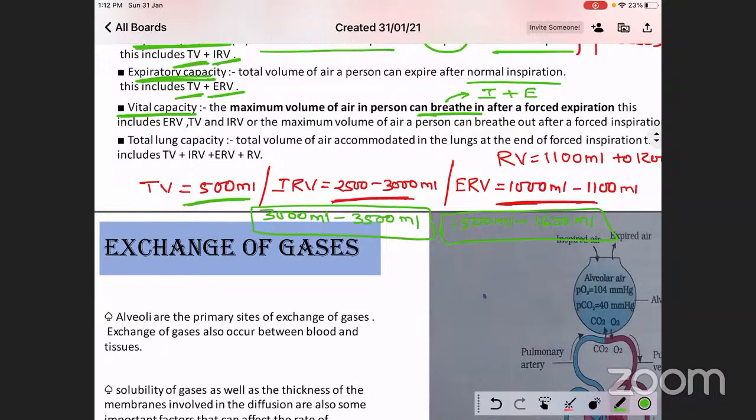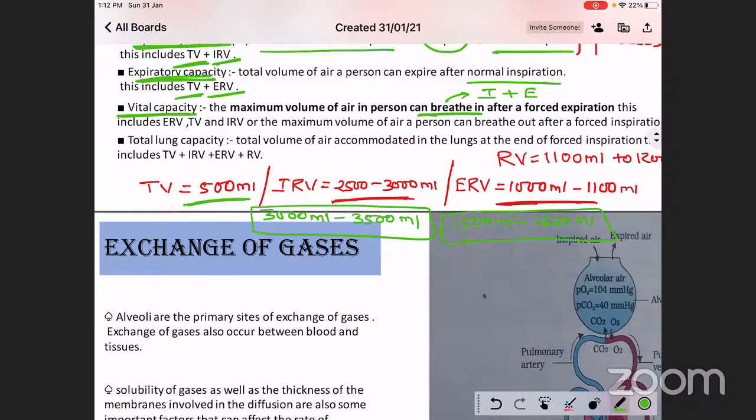So first of all we will throw out all the air we can push out from the lungs, and that is called the forced expiration. Forcefully we are expiring, so ultimately only the residual volume remains inside the lungs. No ERV, no IRV, no tidal volume, nothing is present, only residual volume.